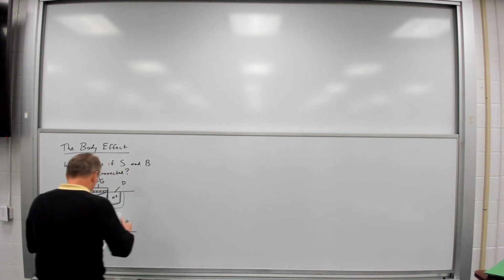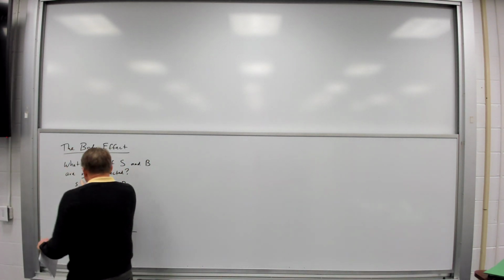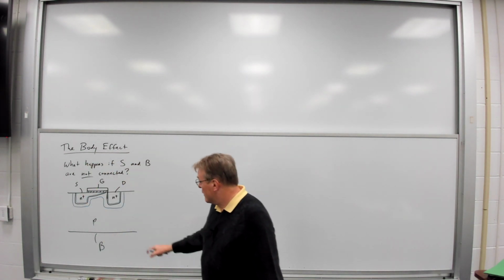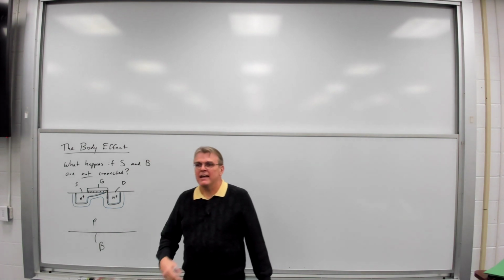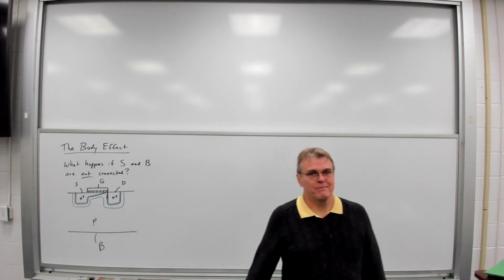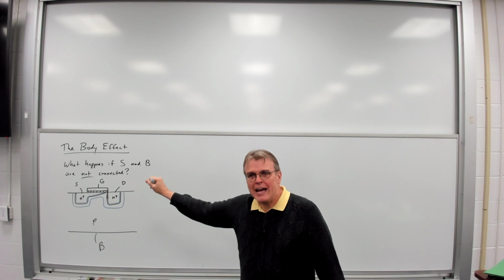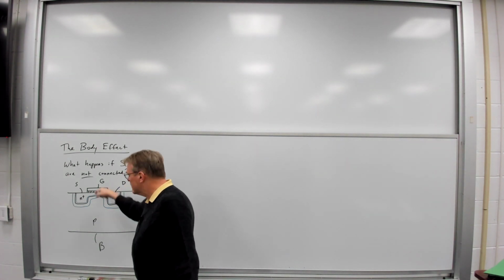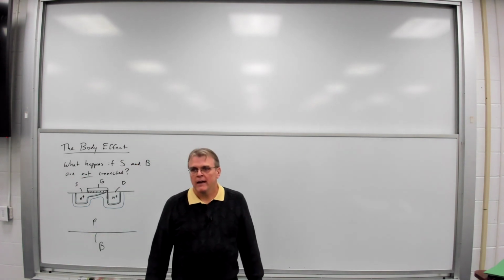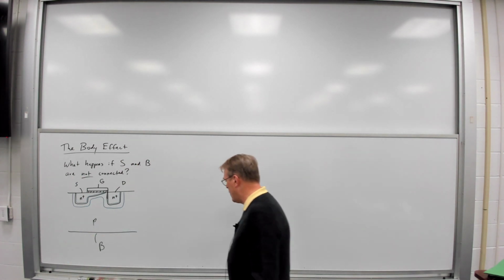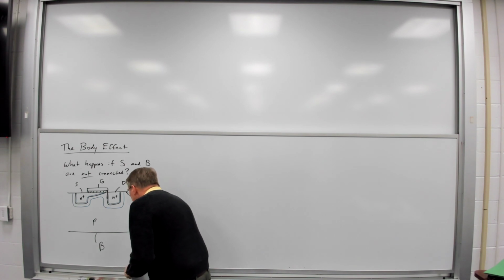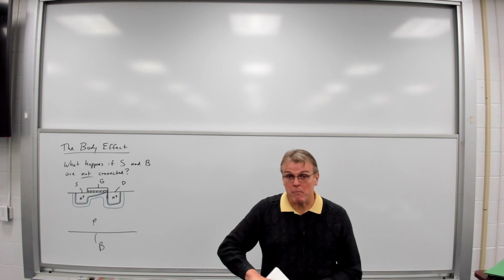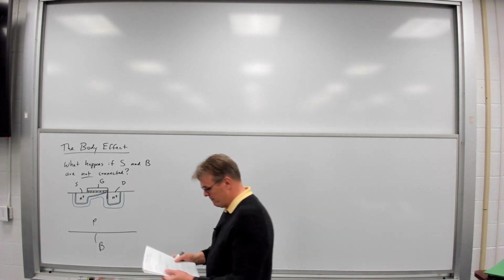All right, now the source and the bulk regions, and for that matter, the drain and the bulk regions, need to be reverse biased. We cannot turn those diodes on because otherwise current is going to flow from the drain into the bulk or from the source into the bulk, and then the MOSFET quits working. So under normal circumstances, the bulk and the source are at the very least zero biased or reverse biased.